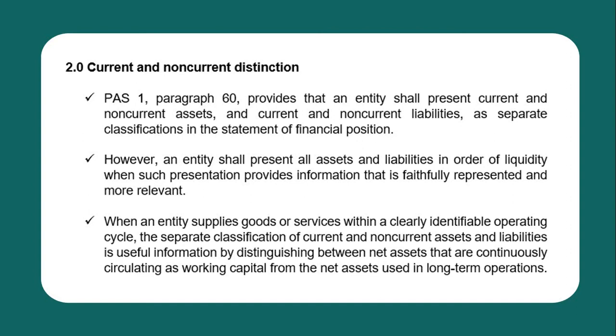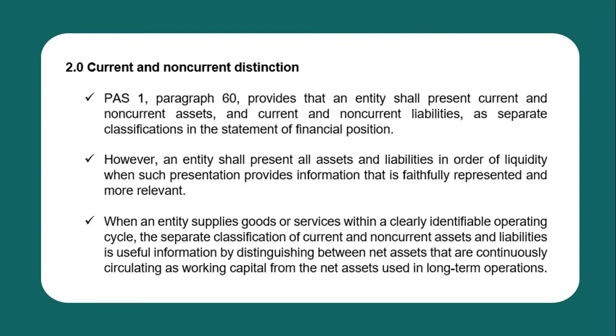So, PAS 1, paragraph 60 provides that an entity shall present current and non-current assets and current and non-current liabilities as separate classifications in the statement of financial position. However, an entity shall present all assets and liabilities in order of liquidity.